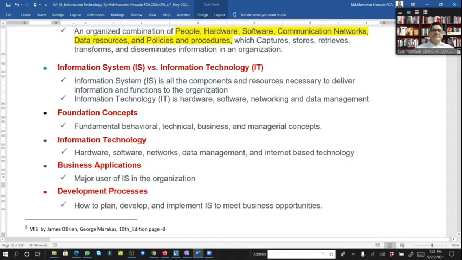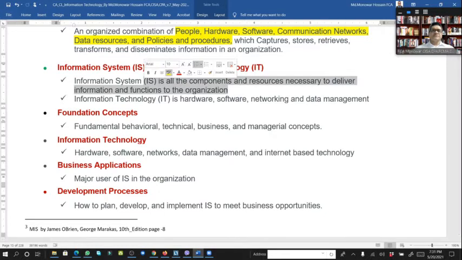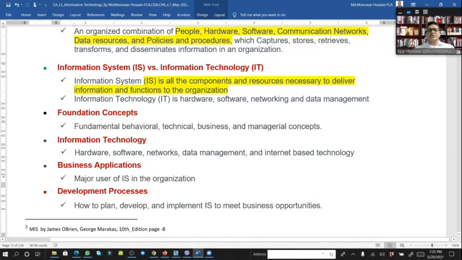And what is the difference between information system and information technology? Information system, IS, is all the components and resources necessary to deliver information and function to the organization.